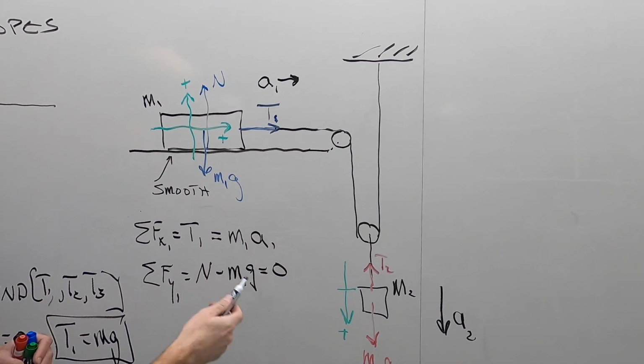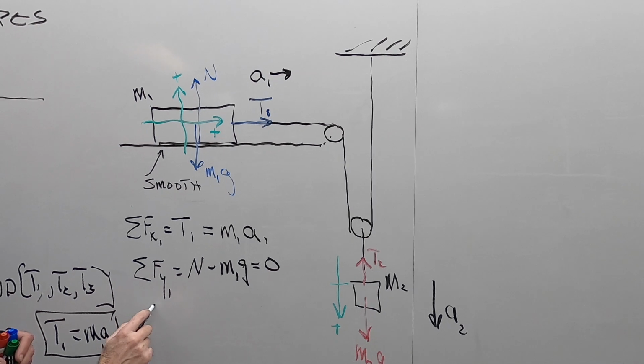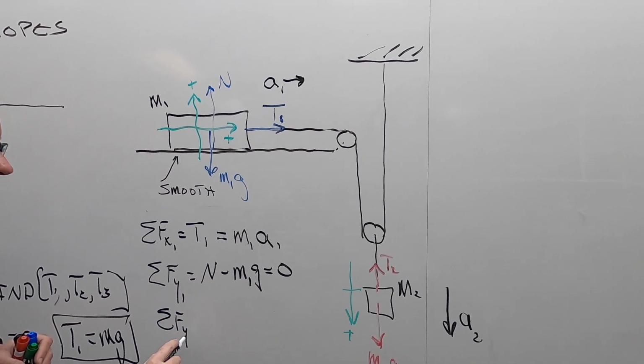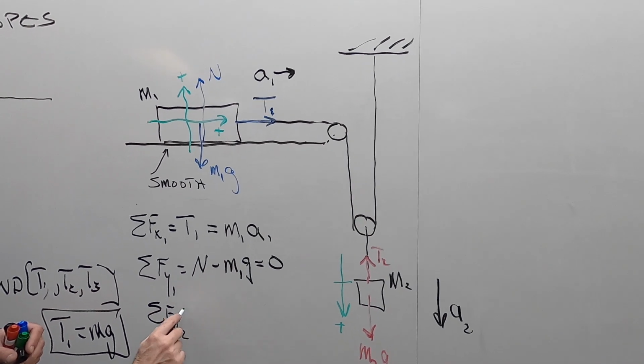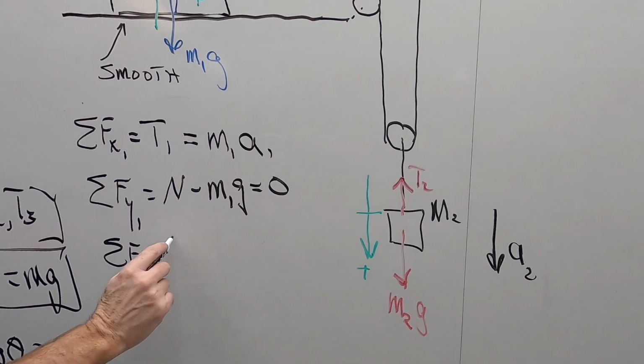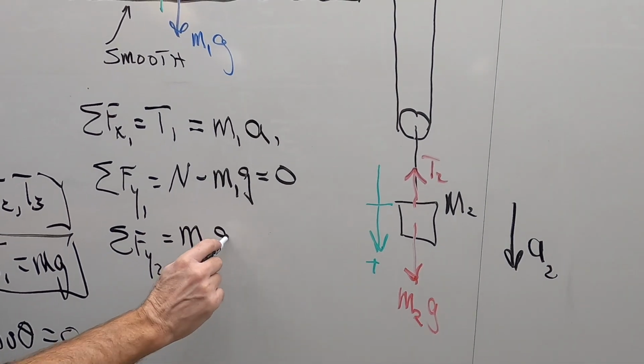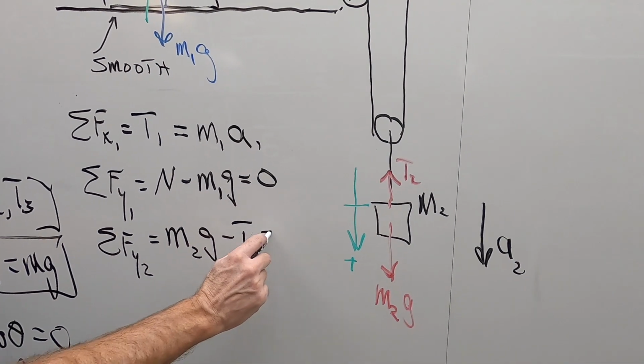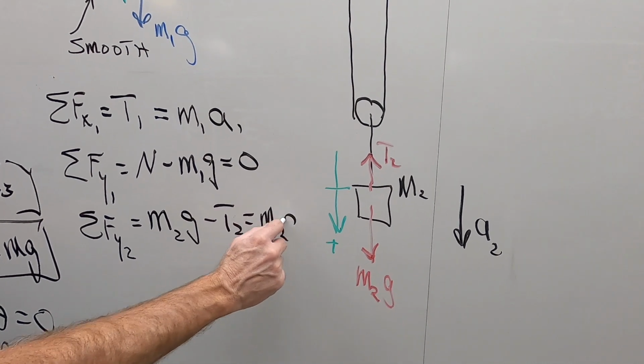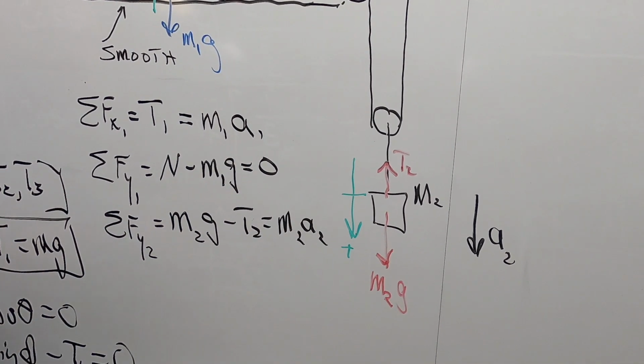Nothing's accelerating up. And over here, the sum of the forces in the Y on 2 is M2G, we call down positive, minus T2 equals M2A2 right here.